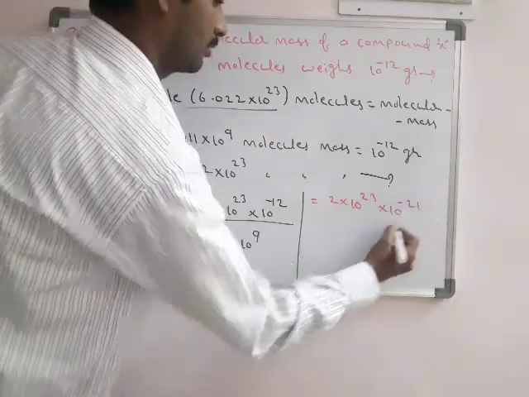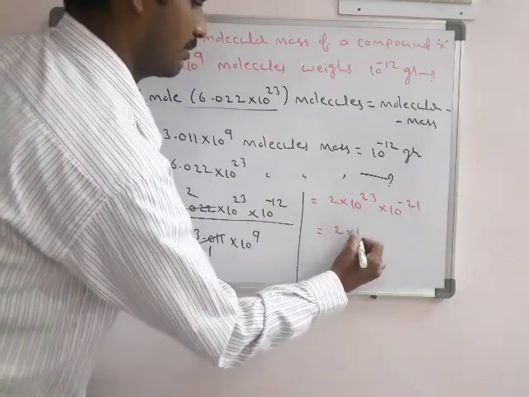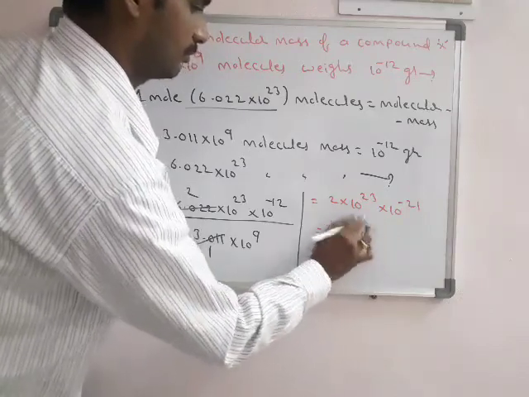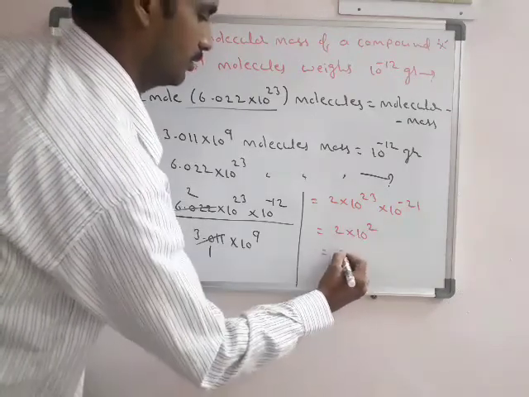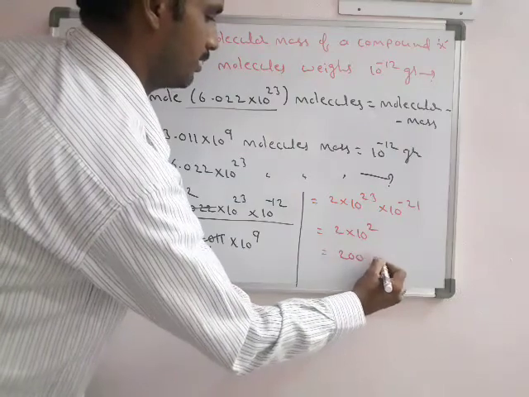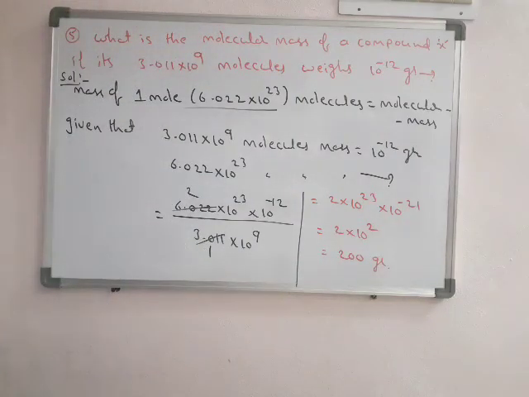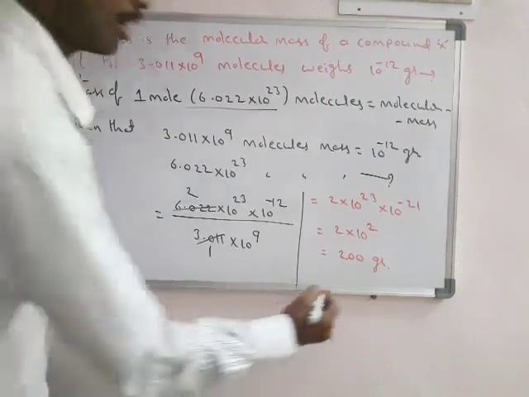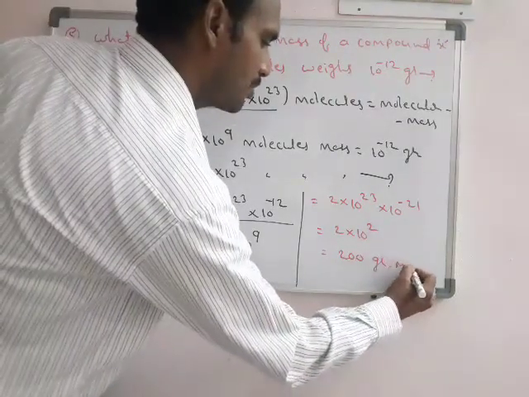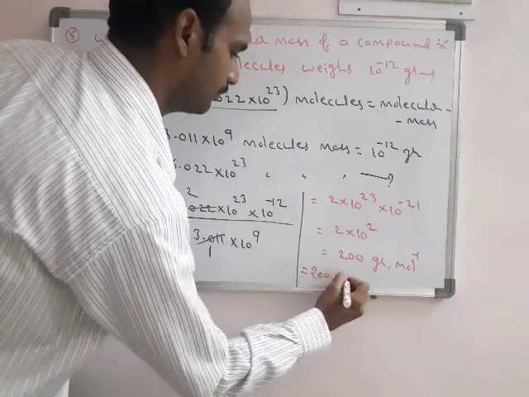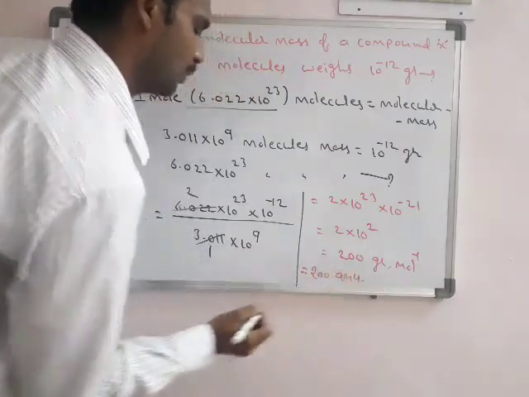That becomes 10 square, that is 200 grams. So the molecular weight is 200 grams per mole, or we can write 200 atomic mass units.